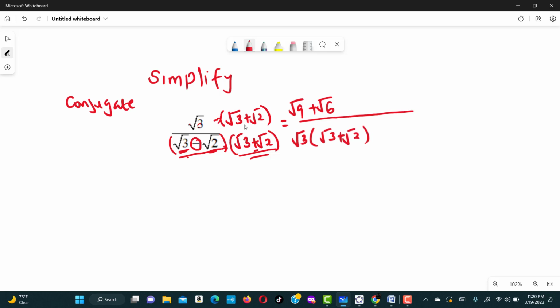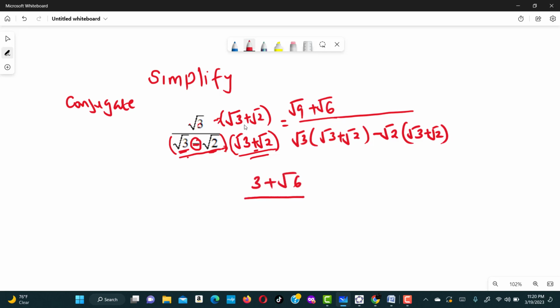We also take the square root of 2 together with the sign, that is minus square root of 2, and multiply the whole of the second bracket, which is square root of 3 plus square root of 2. In the numerator, the square root of 9 is 3 plus the square root of 6.